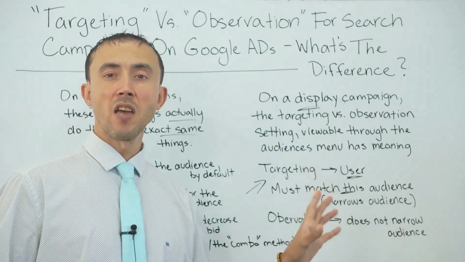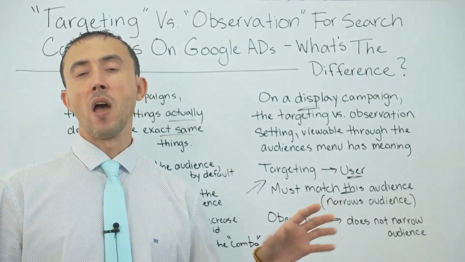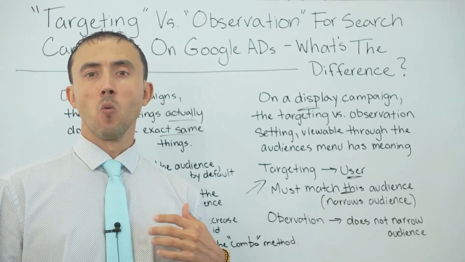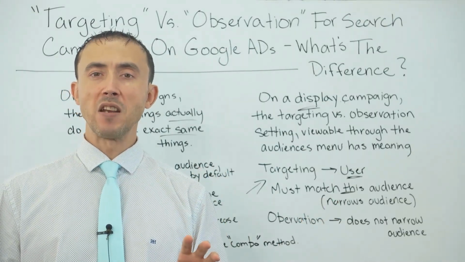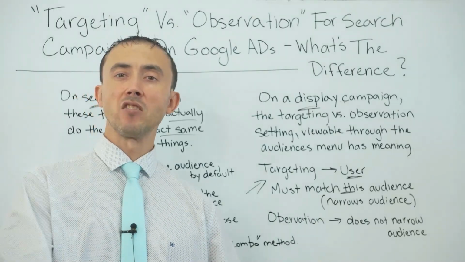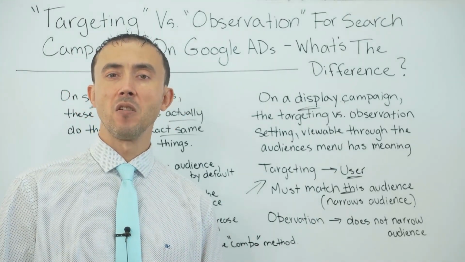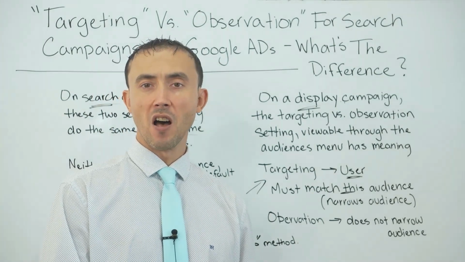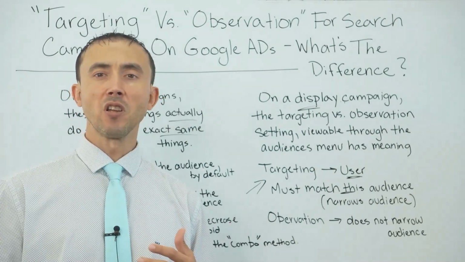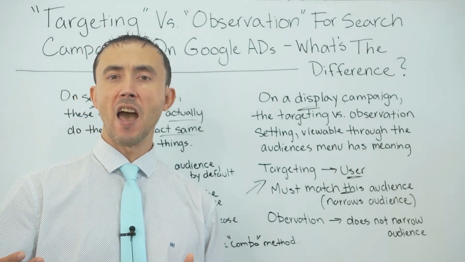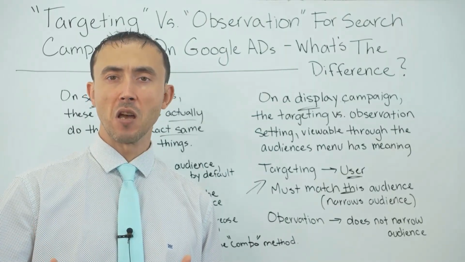They do the same thing on search campaigns, and I know that because we use observation by default when we add audiences to a search campaign. And with the bid adjustment and with it set up with observance, the cost per click will go up over the average cost per click of that search campaign.